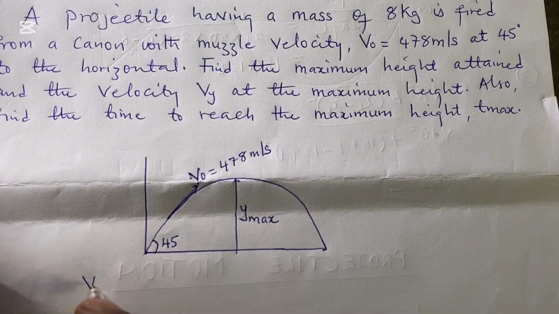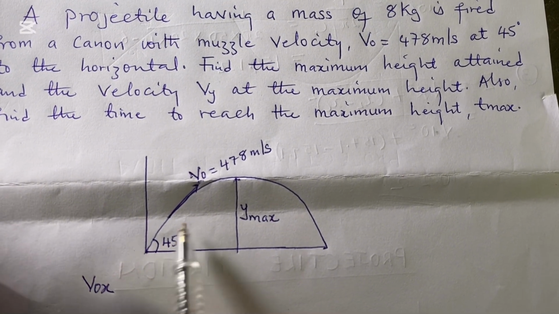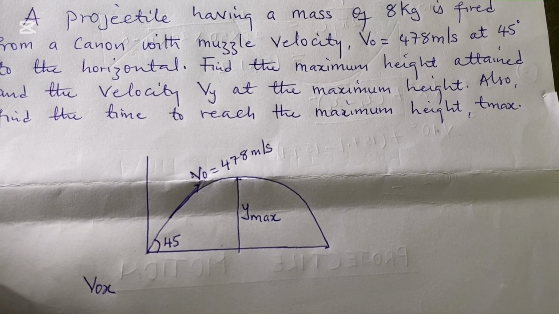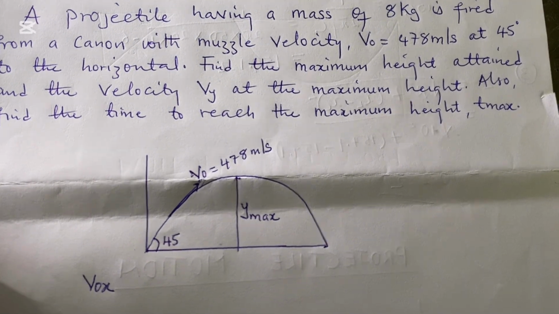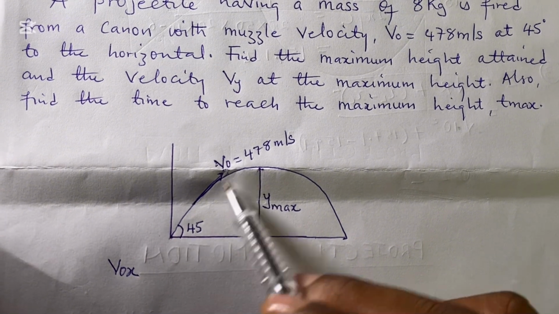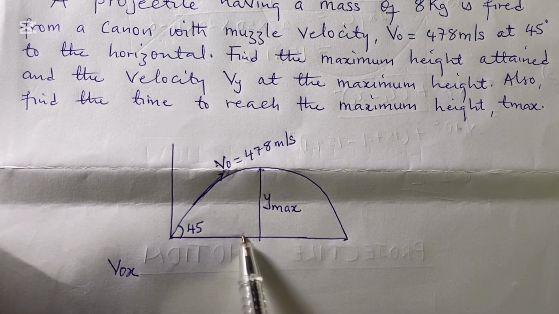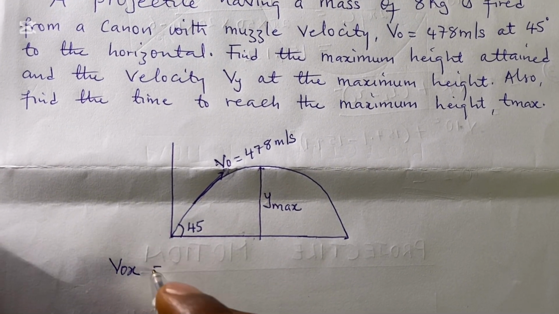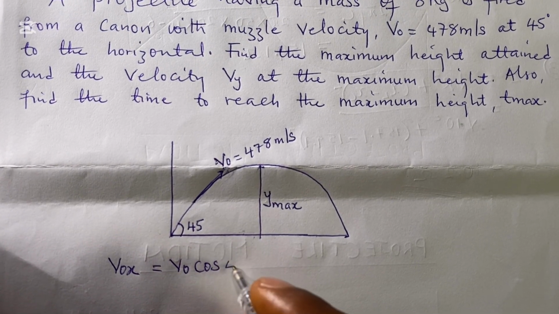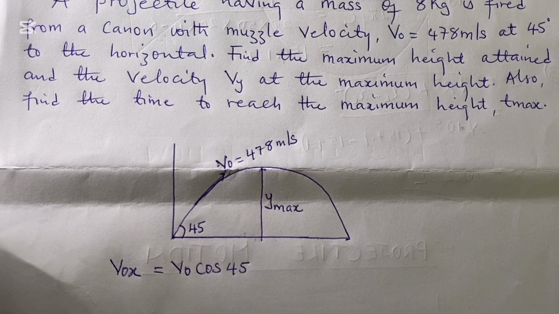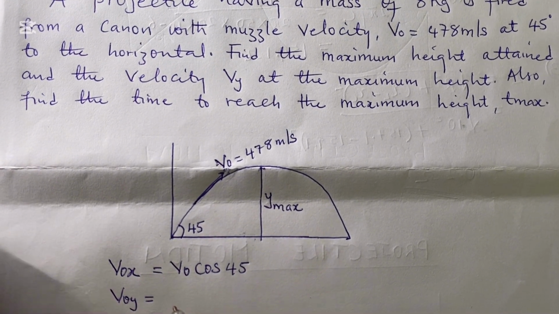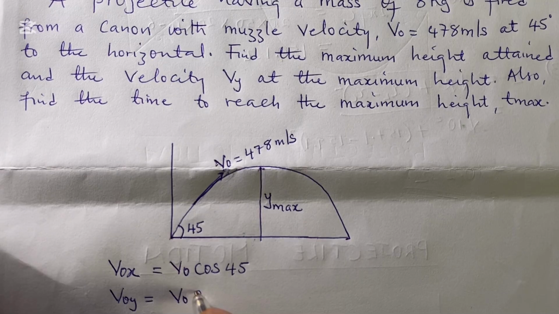Now, v naught of x, considering this v naught from what we did earlier, is going to be, remember, the velocity on this x-axis, so it is here and here is the hypotenuse, and this is your adjacent. So v naught of x is going to be v naught cos 45. All right, and v naught of y is going to be v naught sine 45.